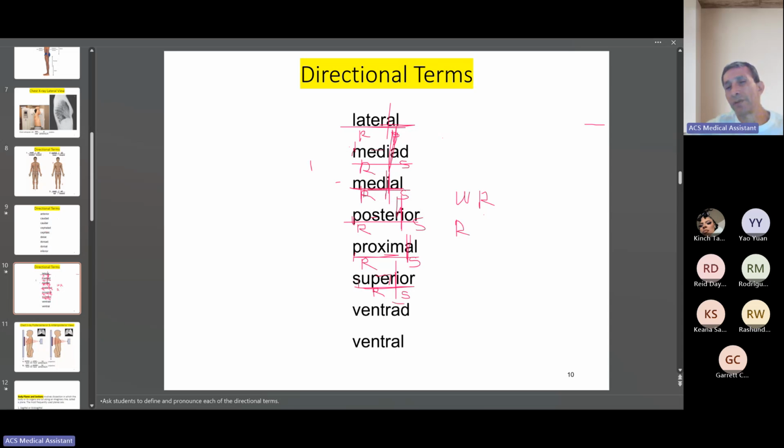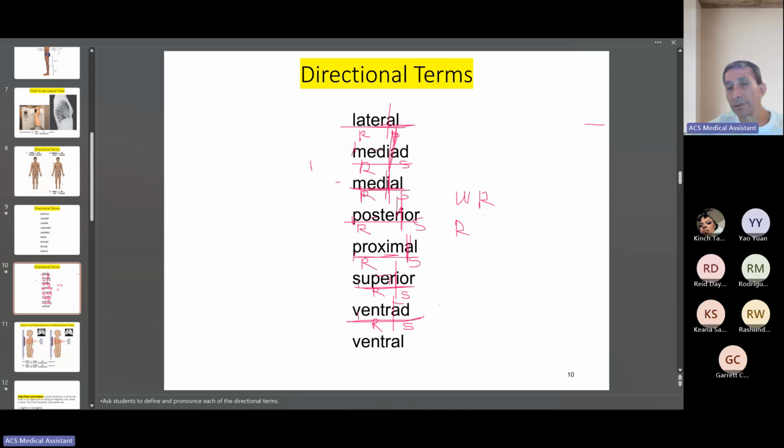Now we have this one that is less common: AD, suffix, towards, and venter, which is the word root, ventrad, towards the front.